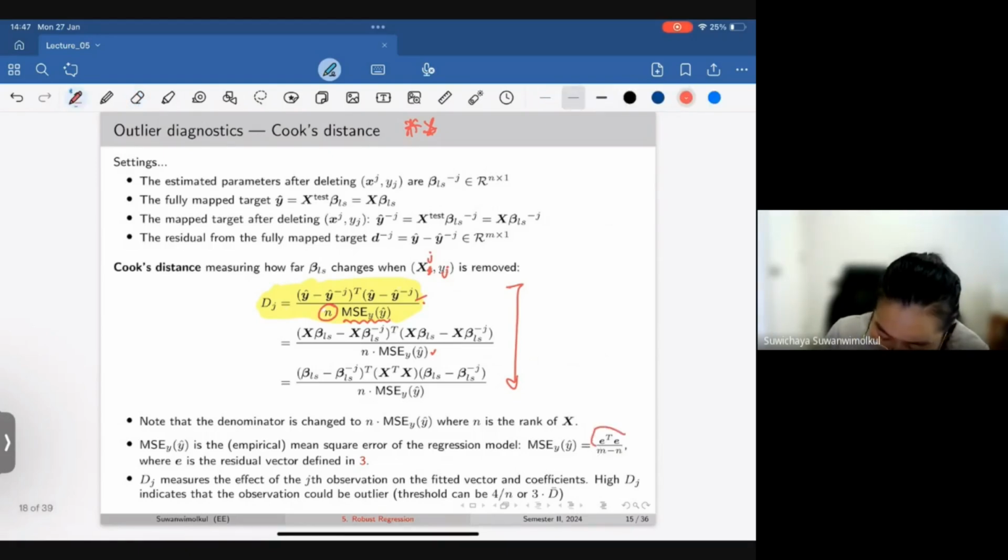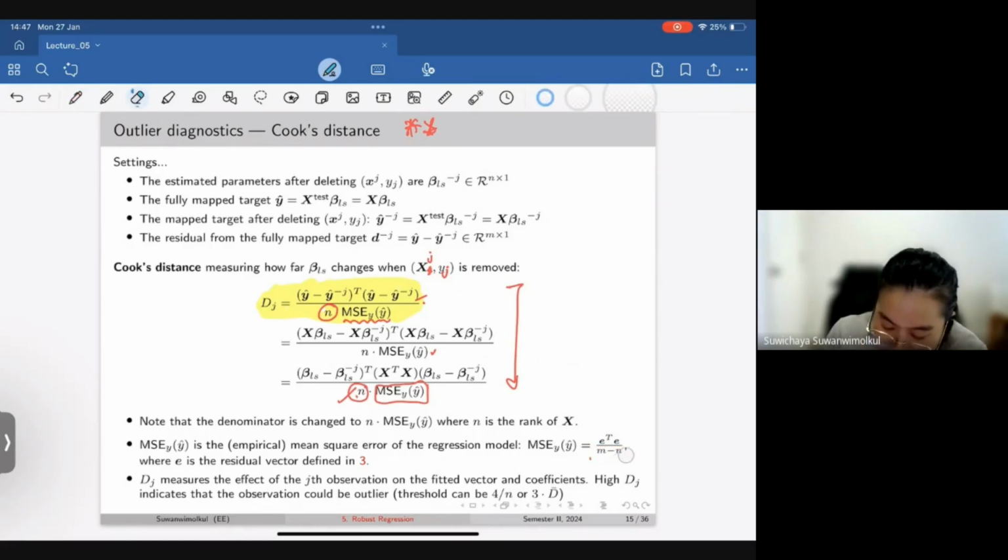But I'm not sure why they have to do this n again, but I'm guessing that if they do it this way, because this could be very large, they're trying to use n to compensate with m minus n here.